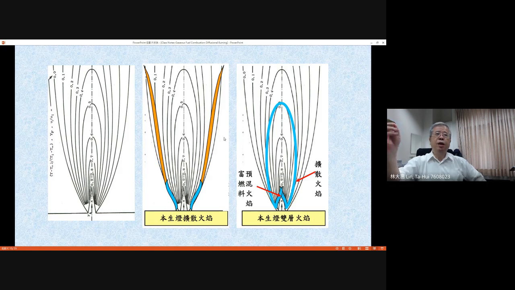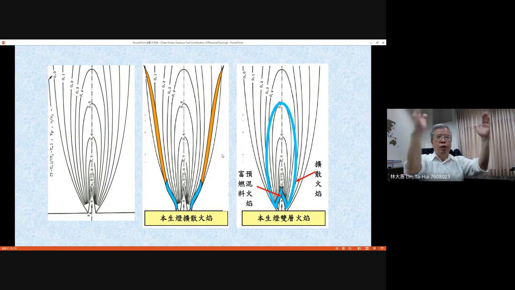But when you increase the oxygen concentration in your environment, which means you increase the oxygen diffusion transport, right? You will enhance it. Then the oxygen has a stronger tendency to diffuse more oxygen into your jet. Then this flame will shift a little closer to the center portion.